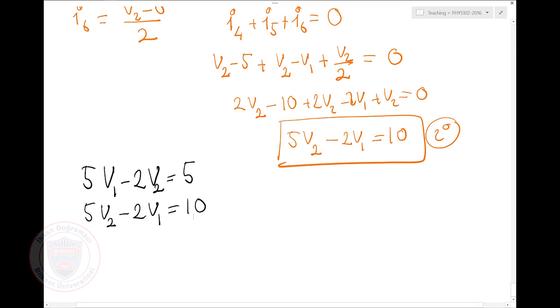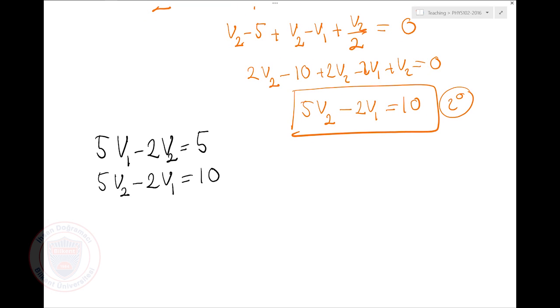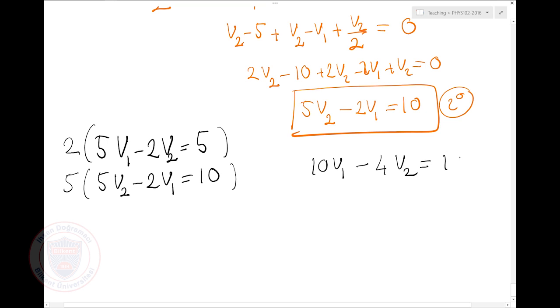How do I solve such a set? Let me try to get rid of one of my variables. So what I will do is, I'll multiply the first equation by 2 and the second equation by 5. Okay? So I'll find 10 V1 minus 4 V2 is 10.